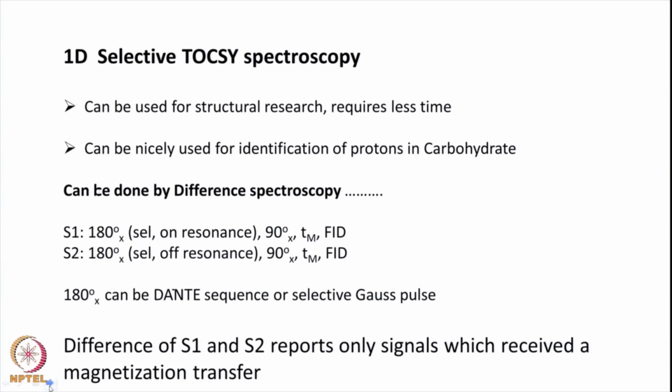TOCSY is total correlation spectroscopy. Do not worry too much about the name at the moment. It is the same spin lock period, 90-degree pulse, spin lock period and detection. This can be used for structural information. Why? Generally a 2D takes 3 hours, but the 1D version of the same experiment you can achieve and save lots of time.